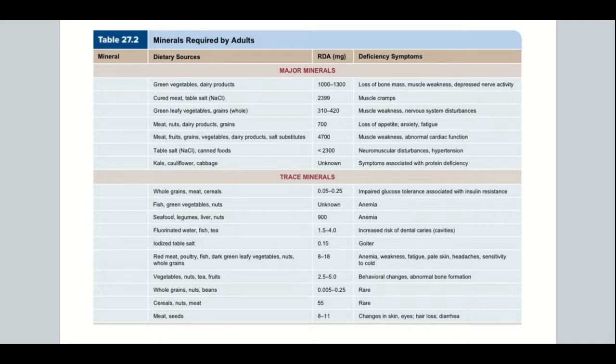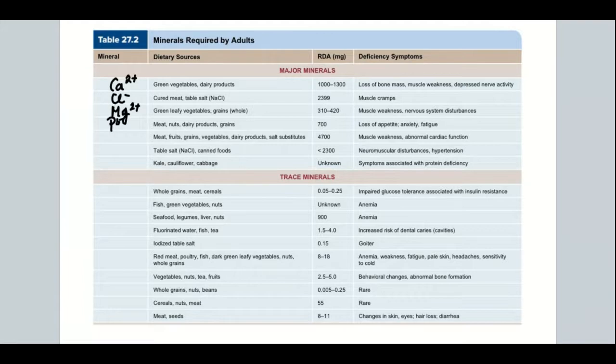I want you to know the major minerals. Here you'd have your Ca, that's your calcium. Then we have chloride ion, magnesium, which is 2 plus, and phosphorus, which is P3 minus.